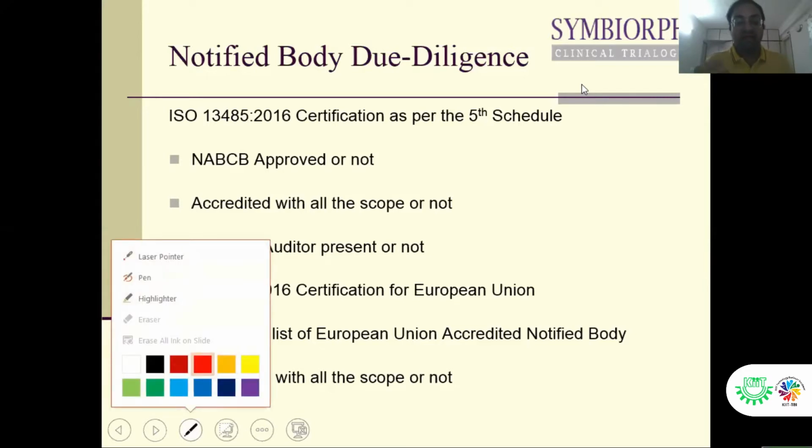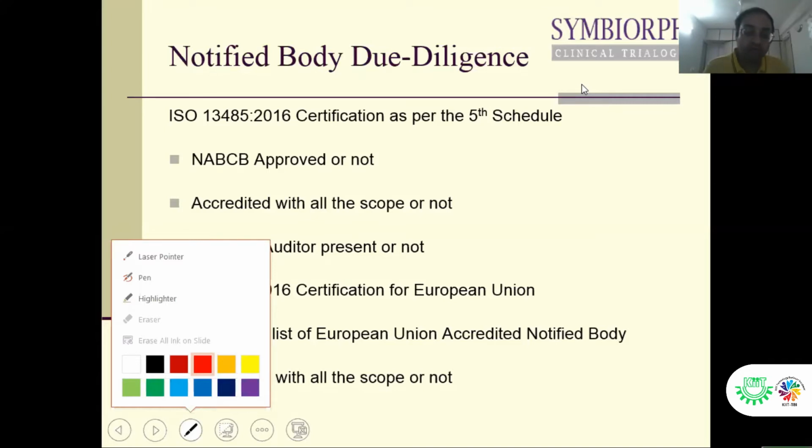That way, the monetary expense a medical device startup will incur becomes less, because the same notified body will audit your facility as per the 5th Schedule of the Indian Medical Device Rules, and also as per the requirements of EN ISO 13485. Here I have given emphasis on EN. EN means European Norm.